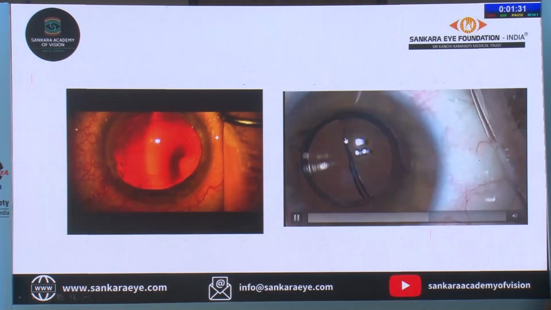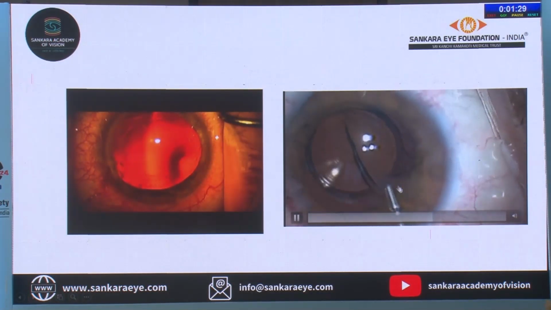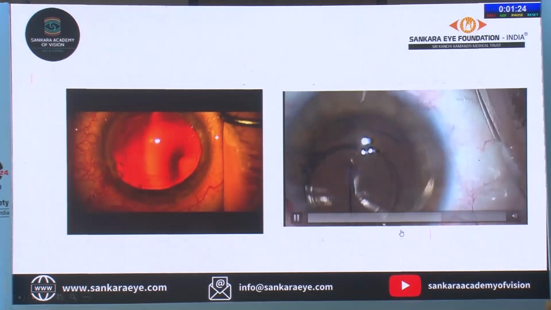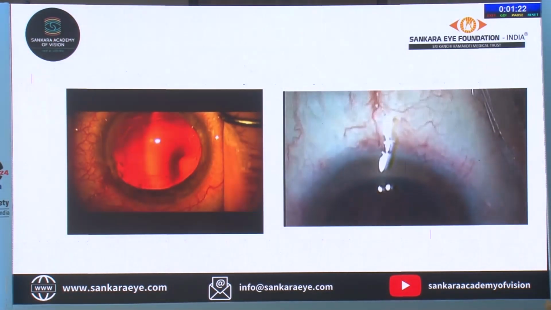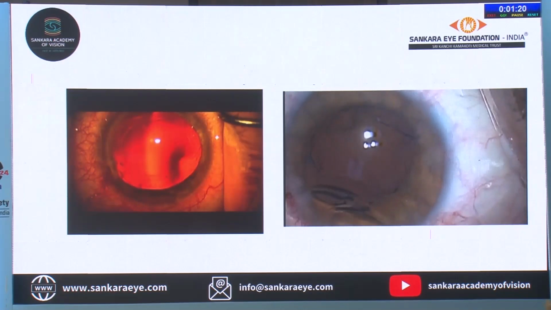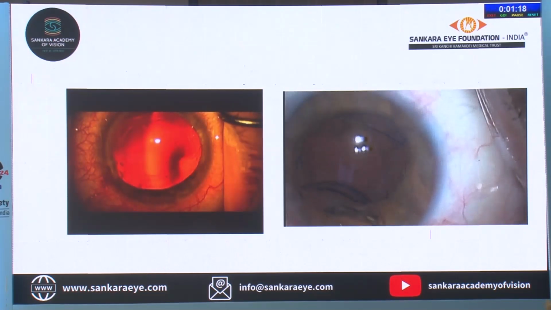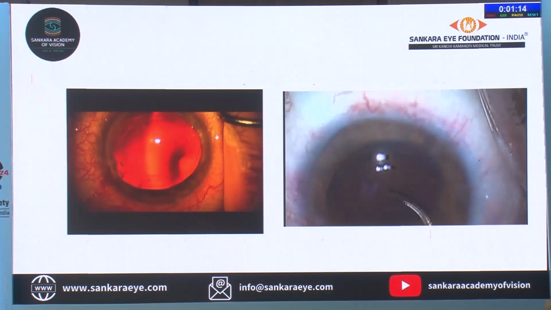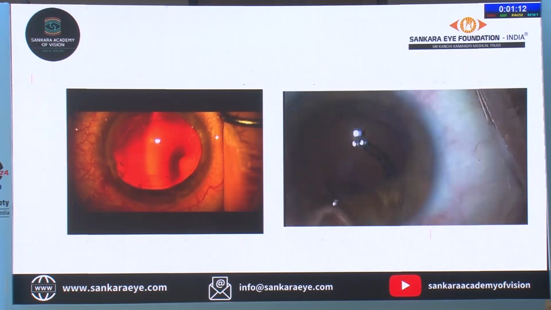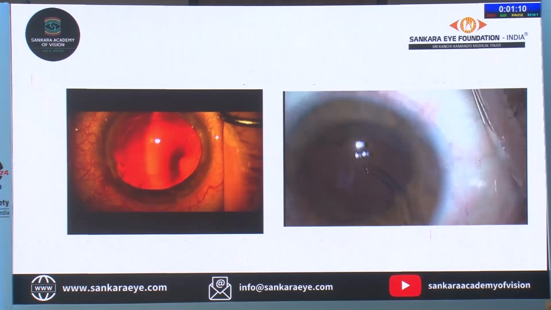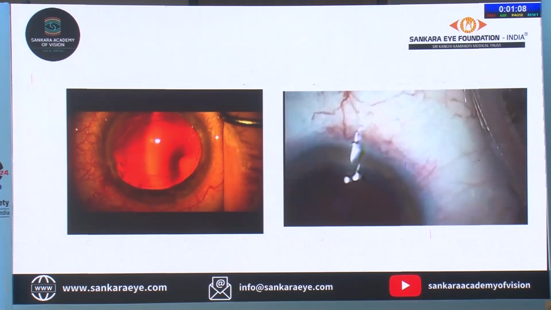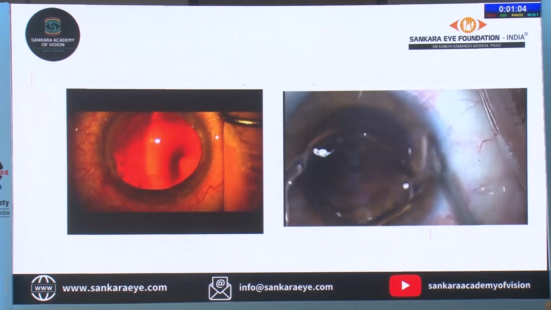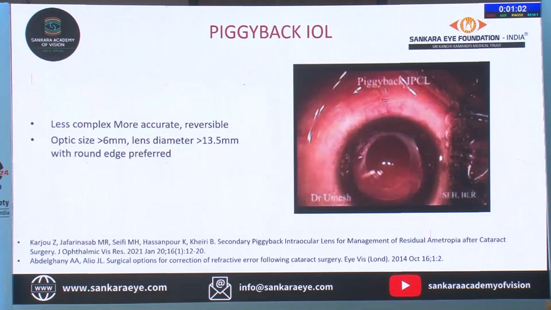So we only cut up to here and then get this one portion out and do a rotation technique and it comes out. Some of us have even tried with the hydrophilic lens without a cut. You just do a pulley technique, it just comes out. But be careful not to injure the surrounding structures. This is the rotation, so it comes out in toto. That is one technique that we normally do.